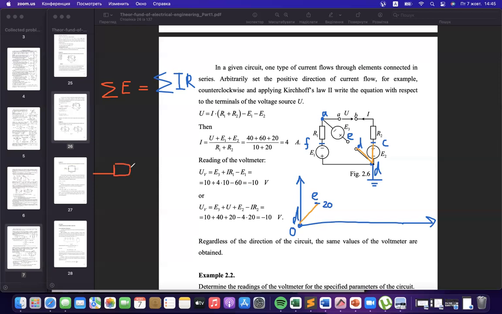If you have some element and current moves through this element, the value of voltage is a potential difference, and this element takes energy, and the value of voltage decreases.